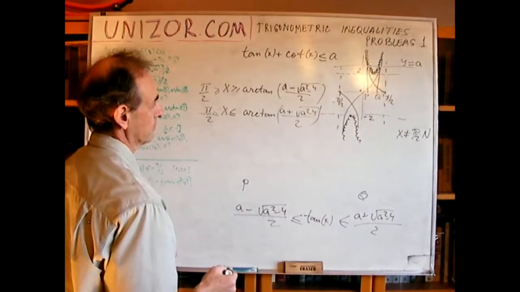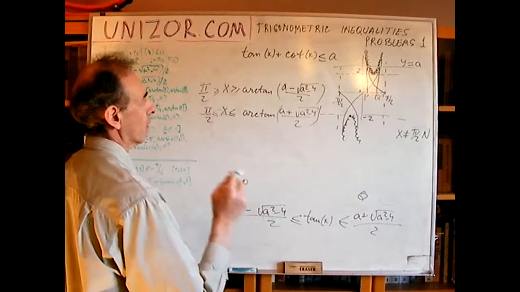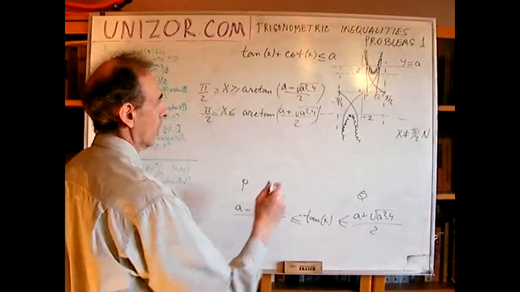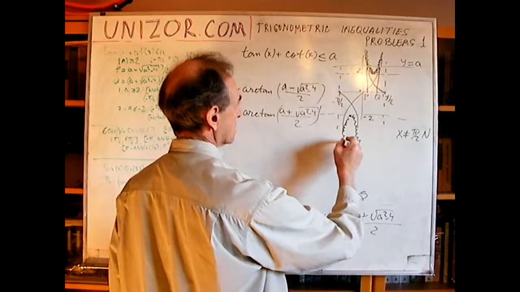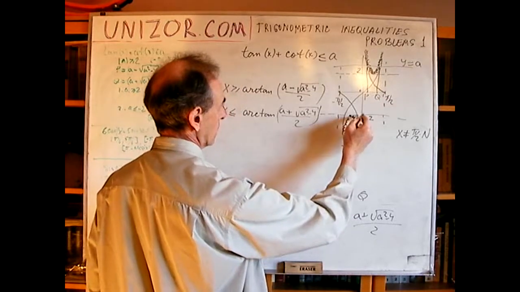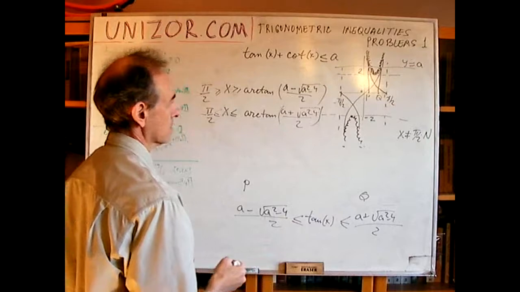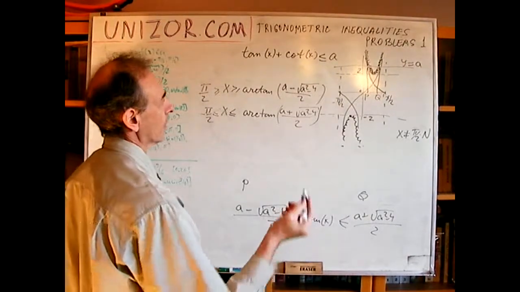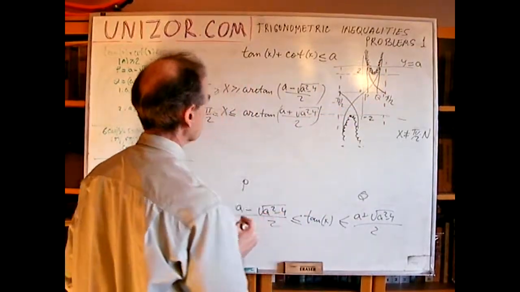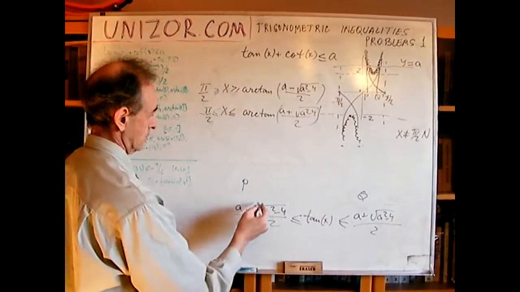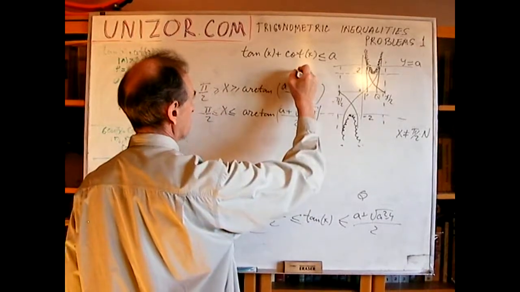So in this particular case, our solutions are all of these guys, all the negative ones except minus pi over 2 and except 0, because that's where it's not defined. And then from 0 to arctangent of this particular expression P.